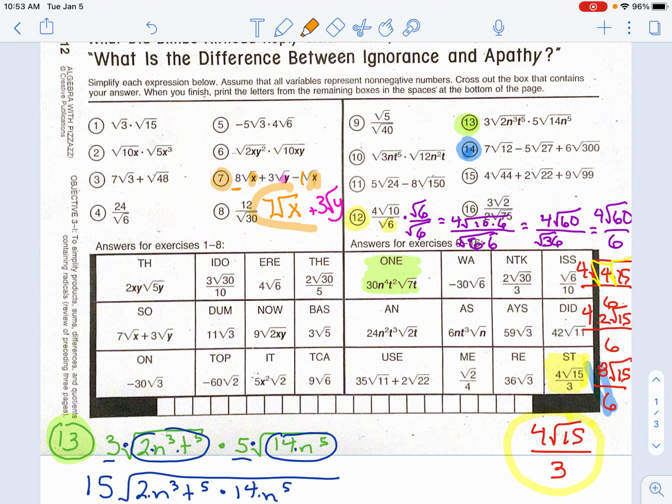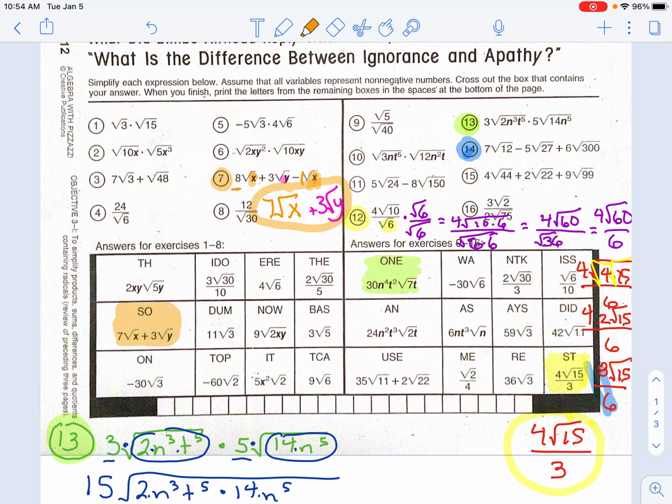So 7 square root of x plus 3 square root of y is our answer for this question. And we can see that answer right here. All right, so that is kind of the new skill that we worked on, was multiplying those radicals together and then adding and subtracting. The last question I want to take a look at is question number 14.